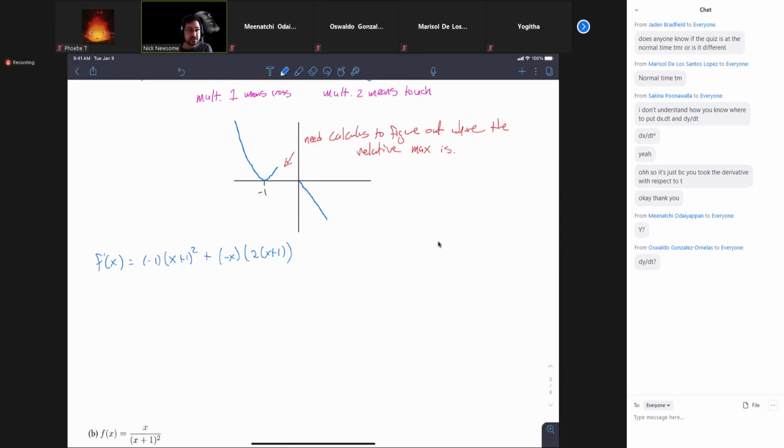Okay, but now I have to set it equal to 0 and find the critical point. So 0 should be minus x plus 1 squared, plus, actually minus again, 2x times x plus 1.